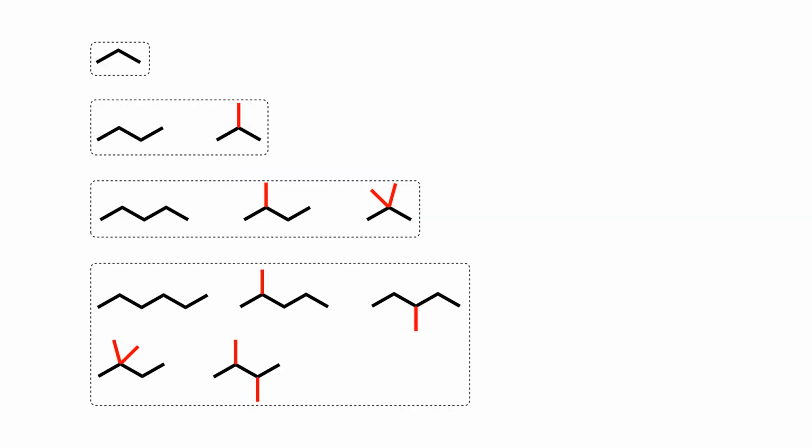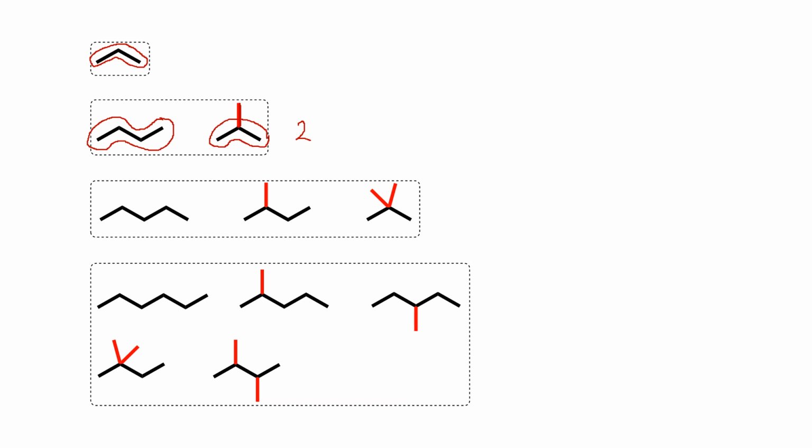How to draw these constitutional isomers? For C3, we have only one. For C4, we put the 4 carbons in one chain, this is 1, or we put 3 as a chain and then branch 1. So we have 2 constitutional isomers.